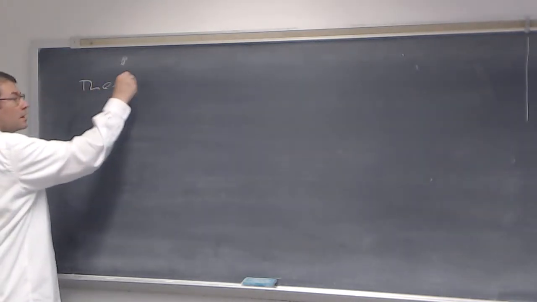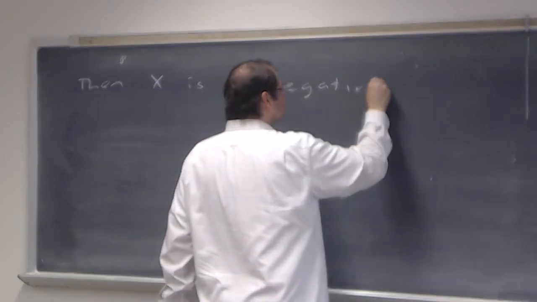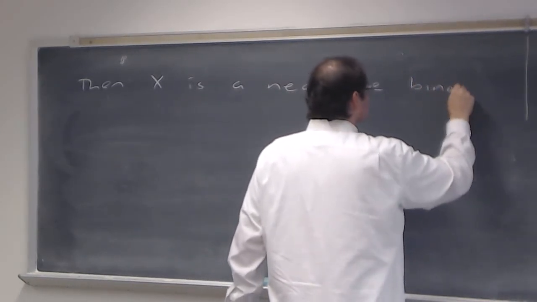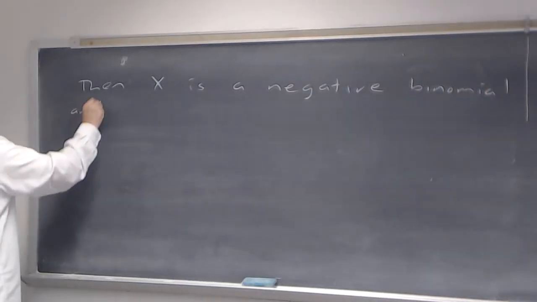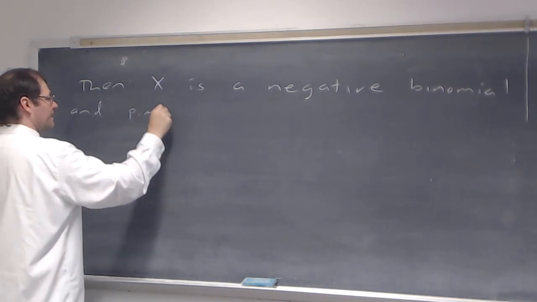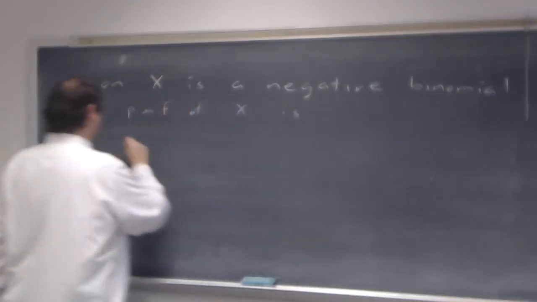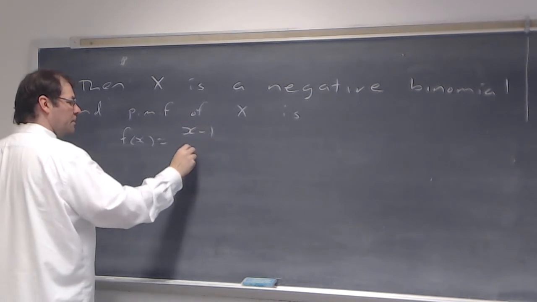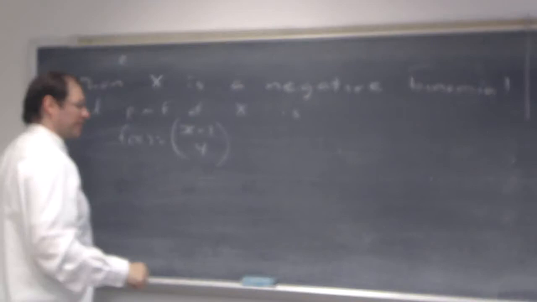Then X is a negative binomial, and the PMF of X, f of x, is equal to x minus 1 choose 4, that's r minus 1, r was 5 here.